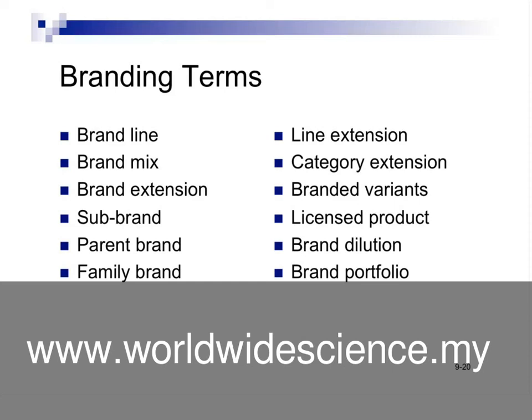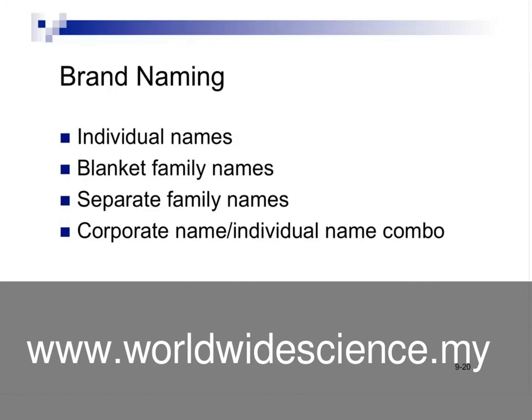Separate family names is when Sears uses separate family names such as Kenmore for appliances, Craftsman for tools, so a certain family name for a certain product. So that's how you see there are several brands in the same company. Then corporate name combined with individual product names, like Kellogg's combines corporate and individual names like Kellogg's Rice Krispies or Kellogg's Raisin Bran.